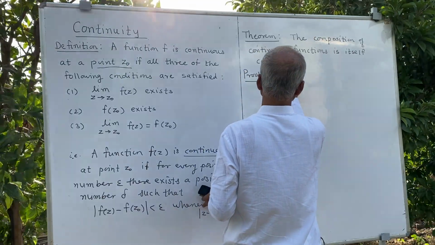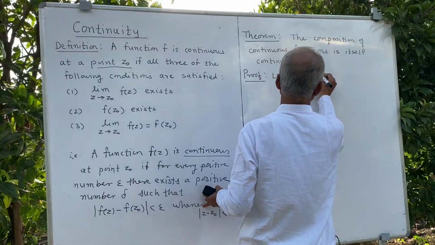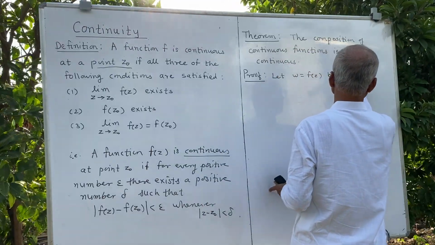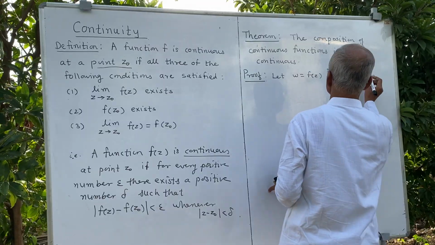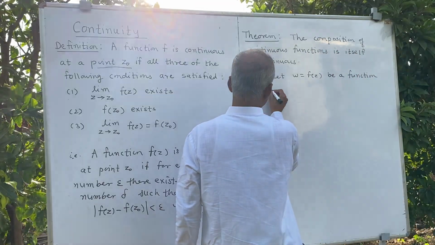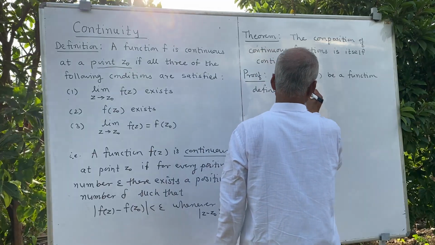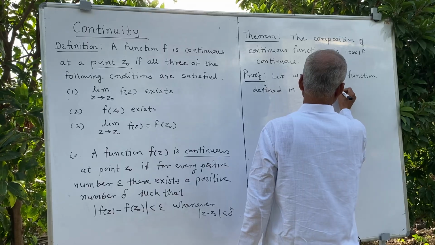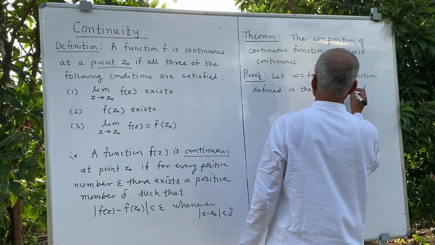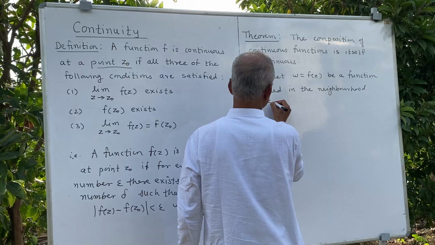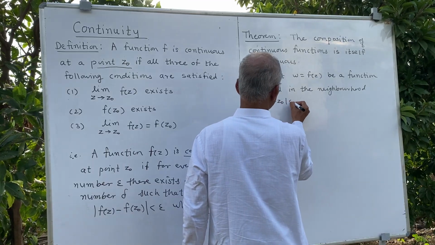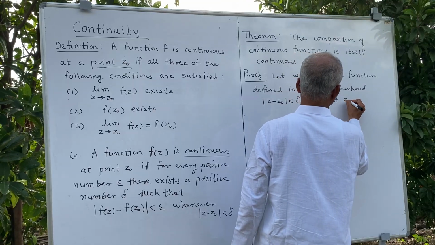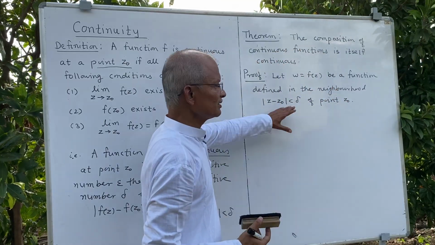Let the first function we consider, w equal to f of z, be a function defined in the neighborhood of z naught, the absolute value of z minus z naught less than delta. This is the function defined in this neighborhood.